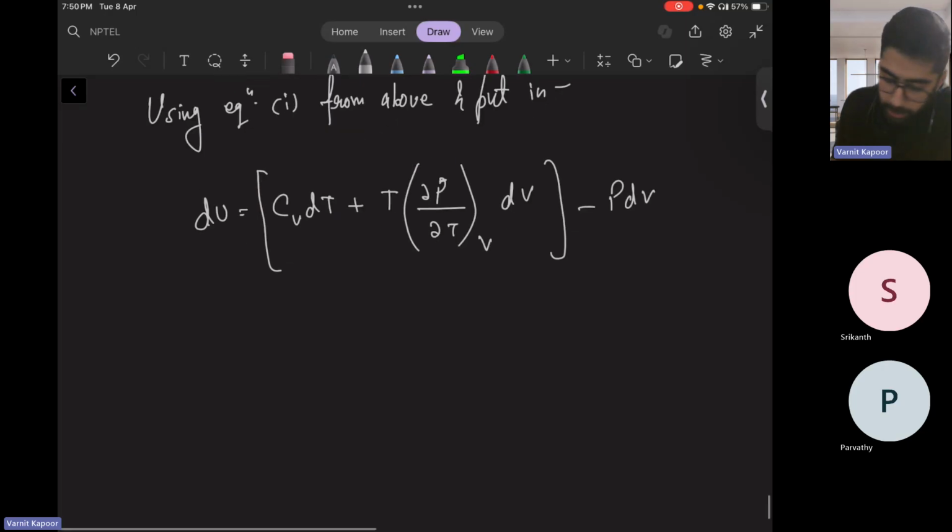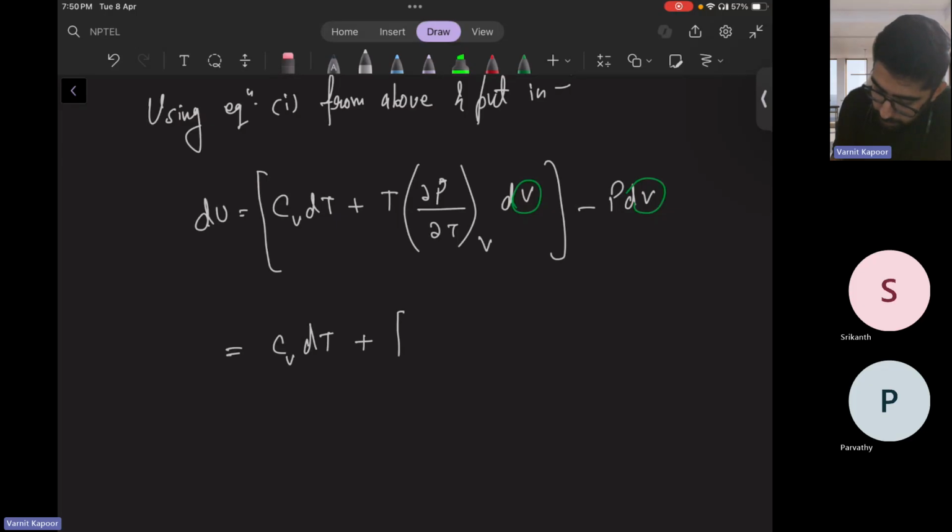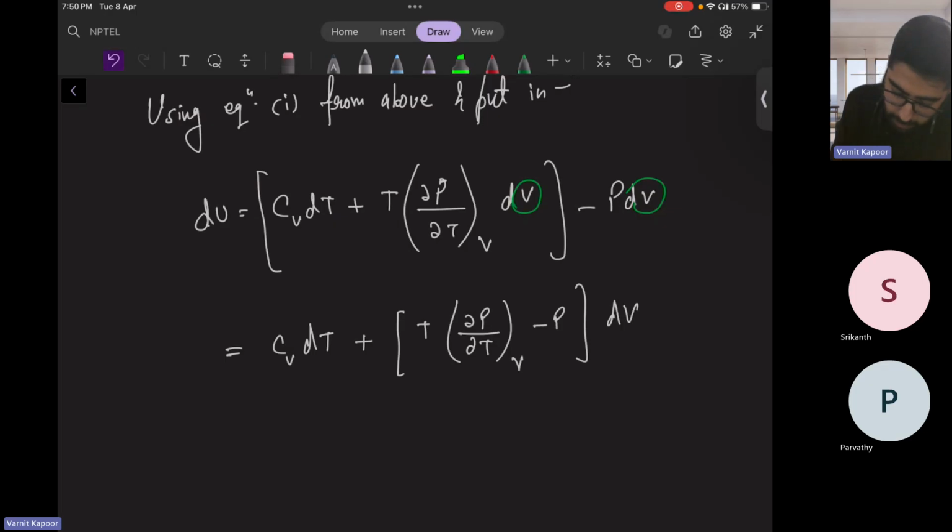Okay, now separate out the coefficient of dV and dT together. So that is Cv dT plus (T dou P by dou T at V minus P) dV. That is your internal energy dU.